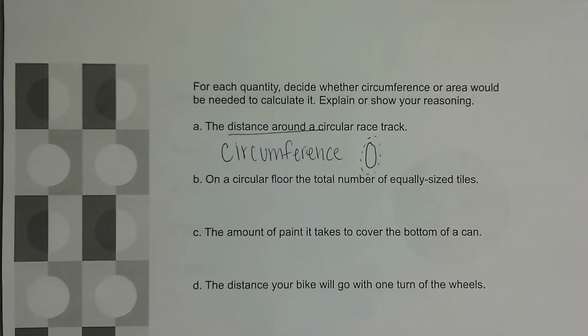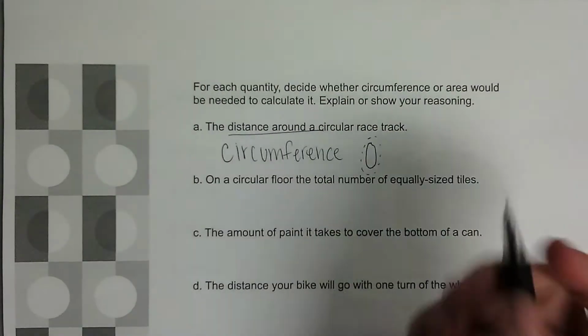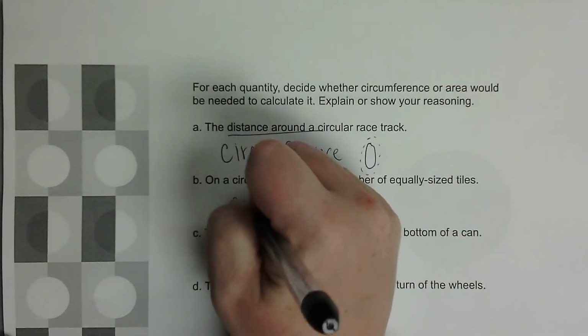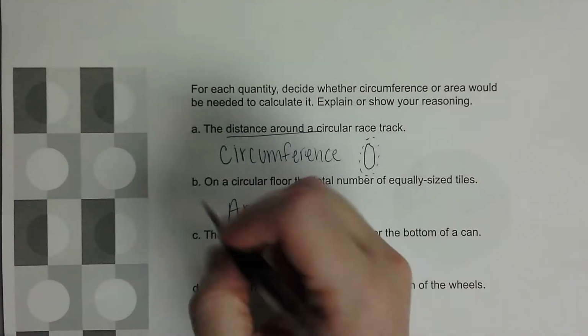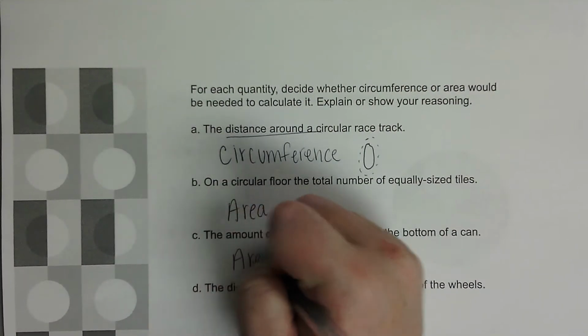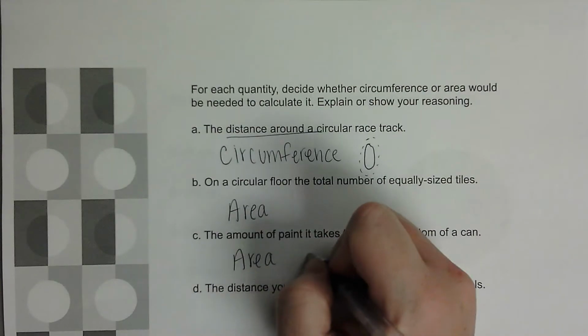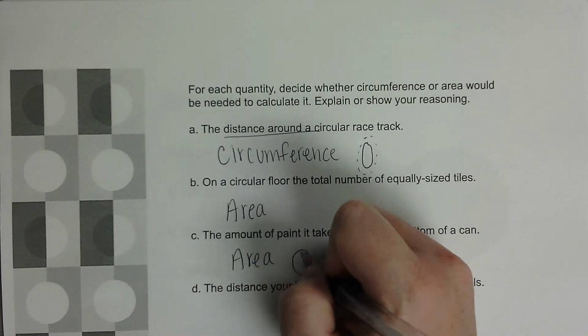A circular floor, the total number of equal sized tiles. That would be the inside, so the area. How many fit into our circle? The amount of paint it takes to cover the bottom of a can. Again, that would be area. If we have a circle, how much is it going to take to cover it?